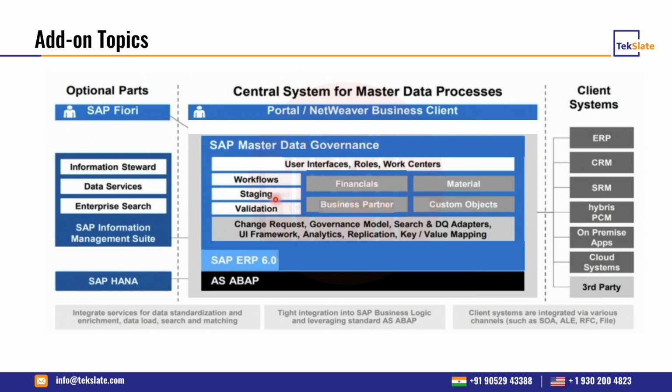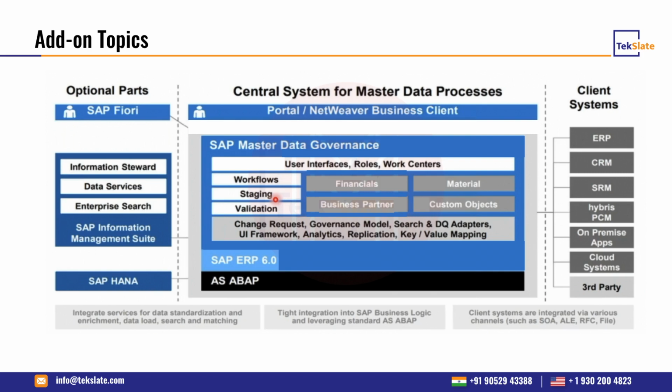Some people will enter street as street, some people will enter it as strt. These kinds of corrections will be done in address enrichment. So this data should be fetched from some other third party systems. That is the reason the third party systems come under the optional part, and SAP itself provides them as optional.